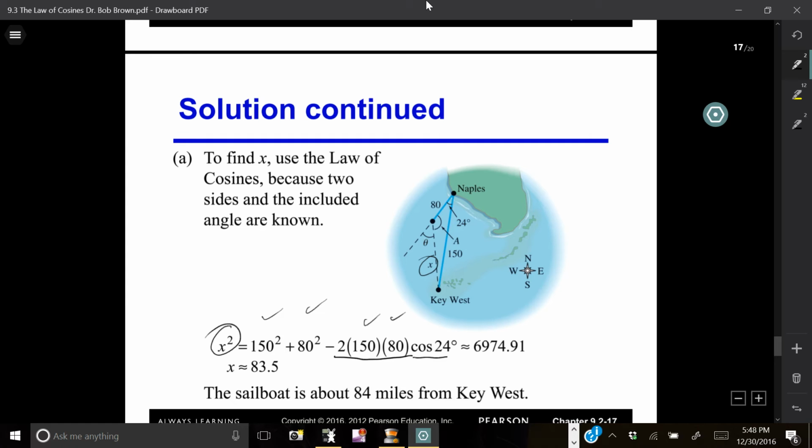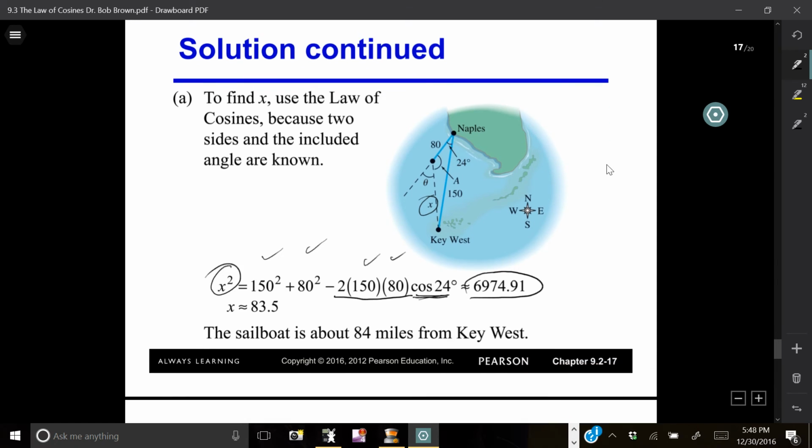And that angle is 24 degrees. So x squared is 6974.91. And x is 83.5. So we determined that the sailboat is just about 84 miles from Key West.